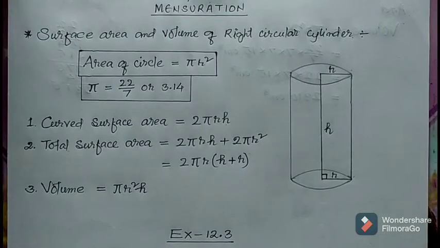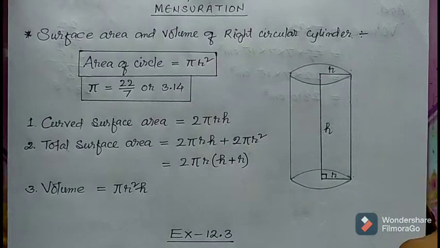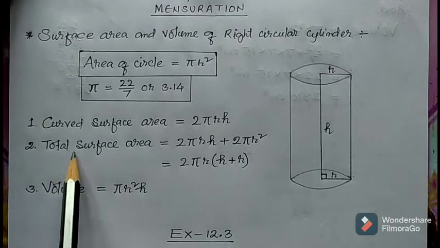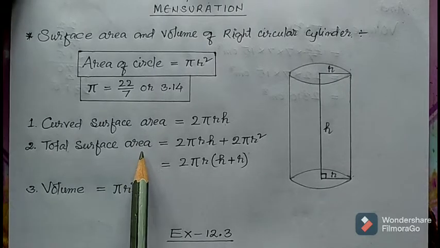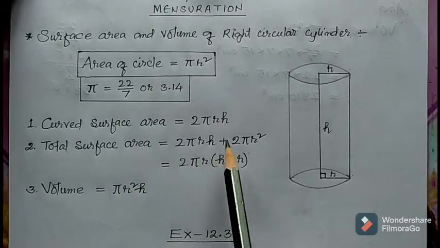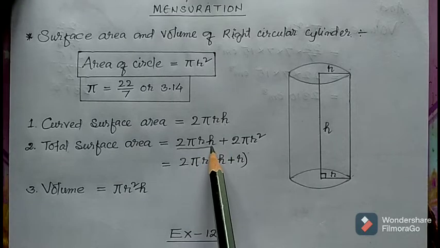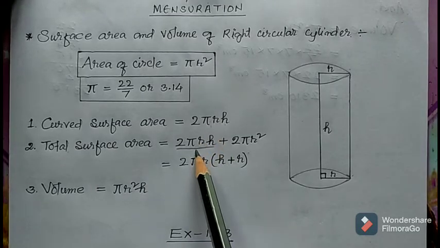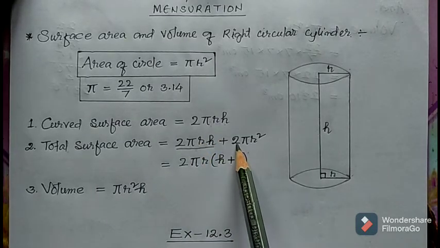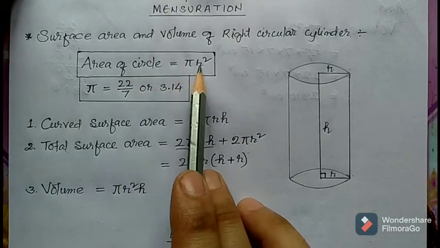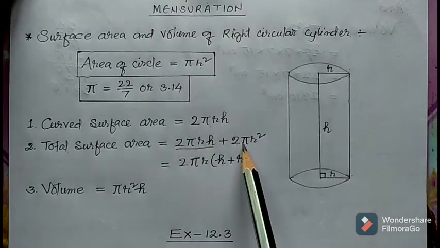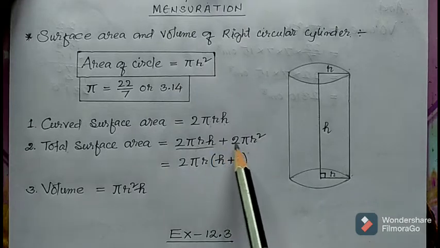Then let's go to the next one, total surface area. When we say total surface area, total means total, all are included. So I write again here 2 pi r h, which is the same curved surface area, plus 2 times pi r square. You know pi r square is the area of a circle. Here, 2 areas of circle. We have to add them.